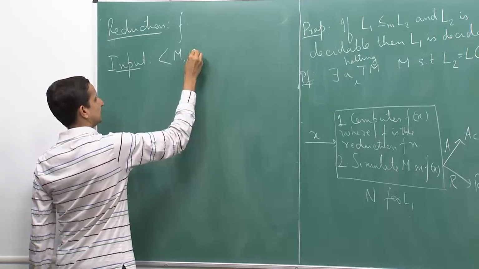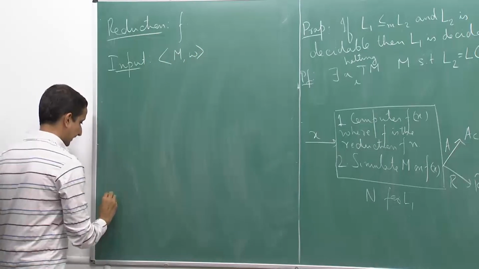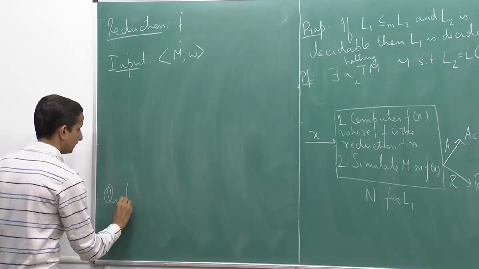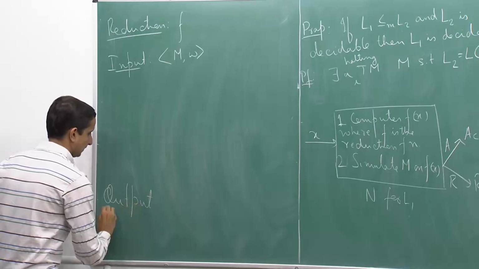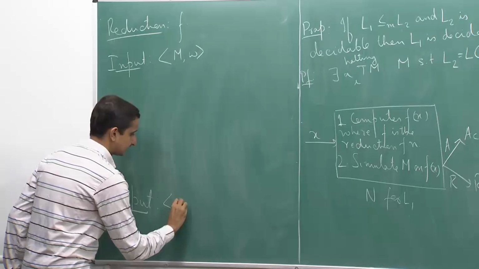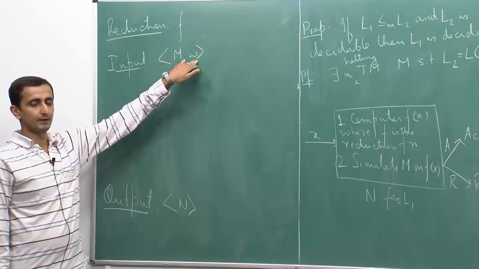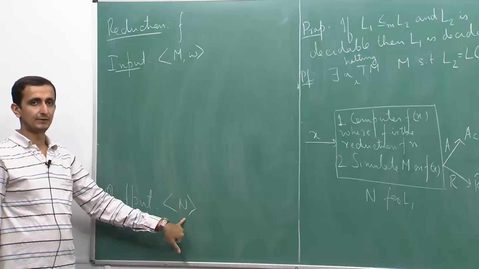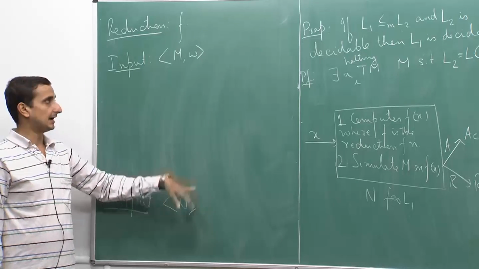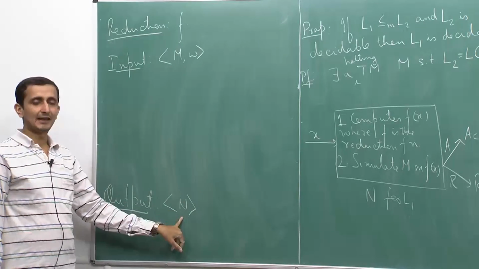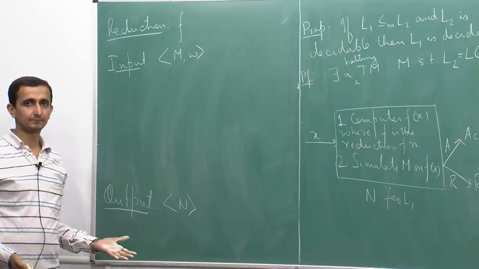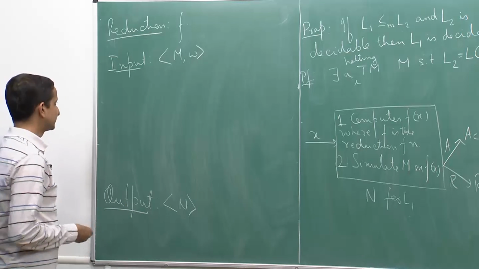I will produce as output a machine, let us call it N, such that if M does not accept w, then the language of N is empty, and if M accepts w, then the language of N is not empty. That is what I am going to do.